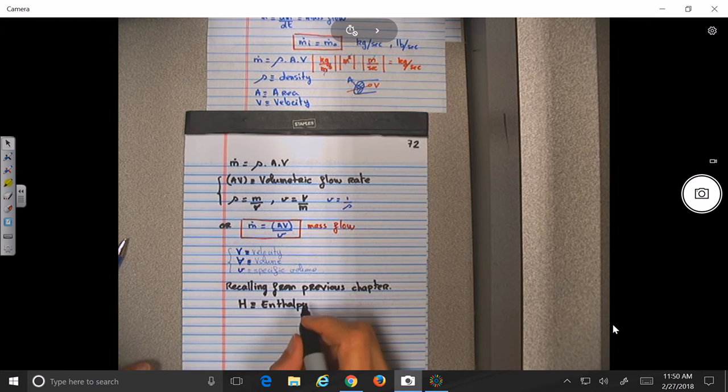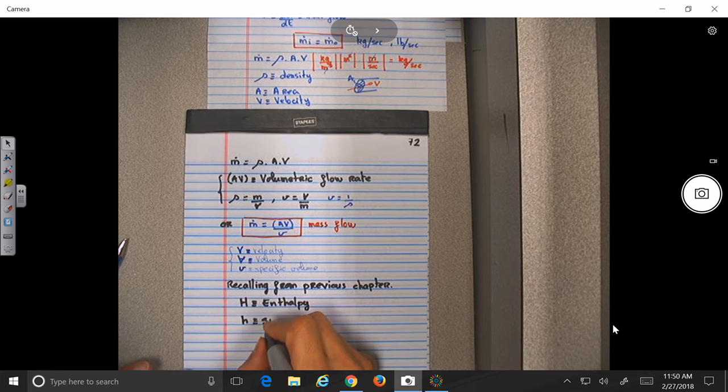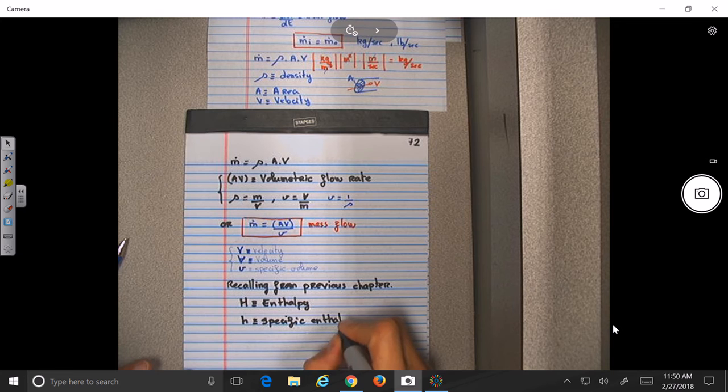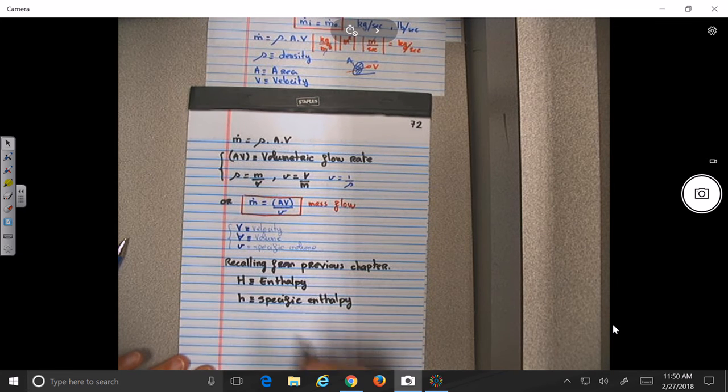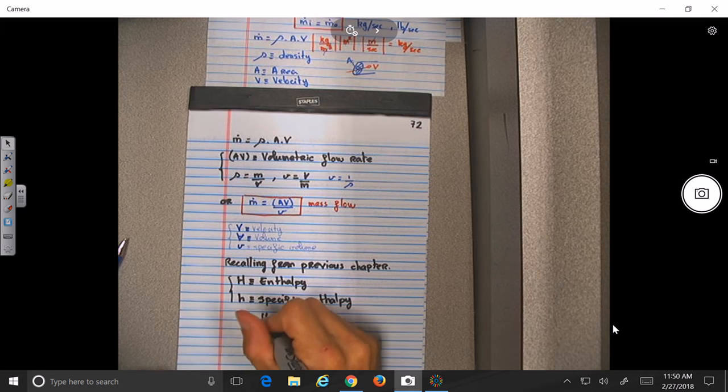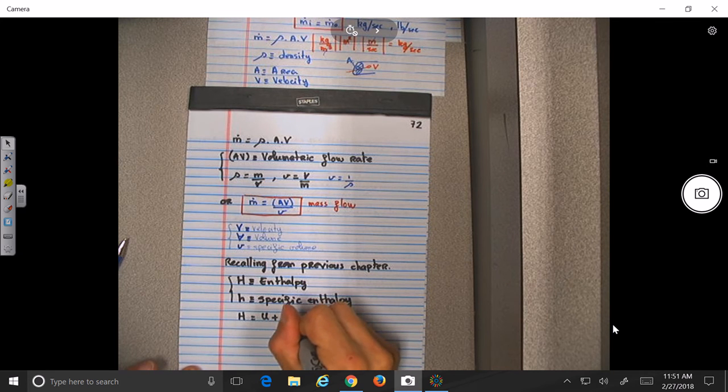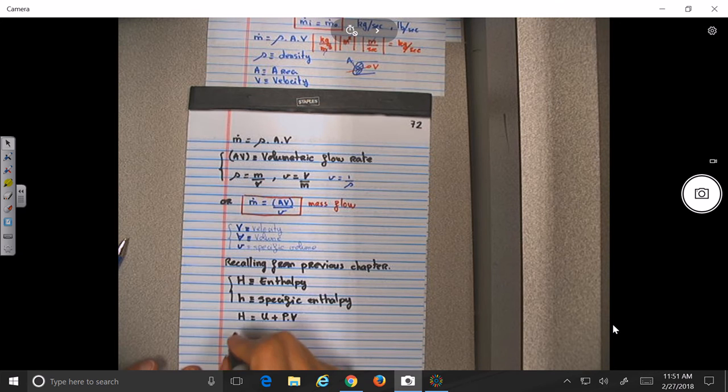So we had capital H, but also we had the lowercase h, which would be the specific enthalpy. And what do we say? H was equal to what? That's the important part. H was equal to the internal energy plus work done by the pressure. Or the specific h was equal to specific internal energy plus Pv, no?